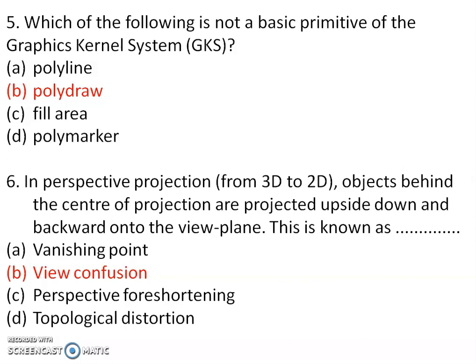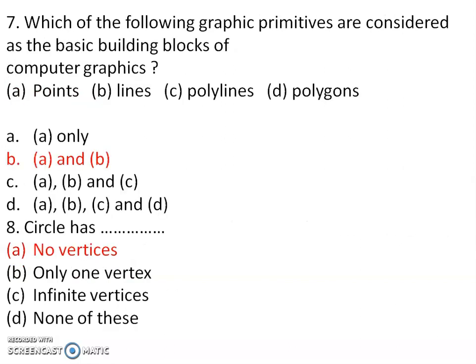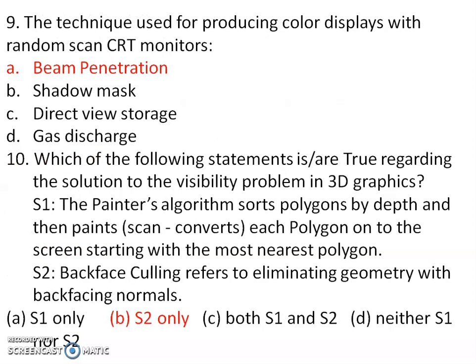This is known as view confusion. Which of the following graphic primitives are considered the basic building blocks of computer graphics? The answer is points and lines, and you can see that a circle has no vertices. The technique used for producing color displays with random scan CRT monitors, cathode ray tube monitors, is the beam penetration technique.